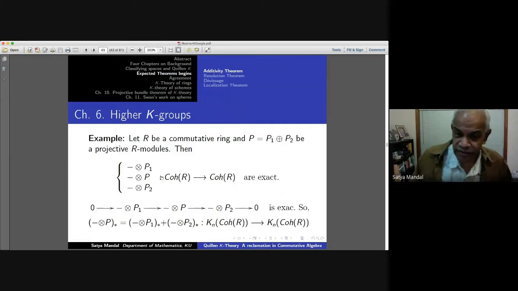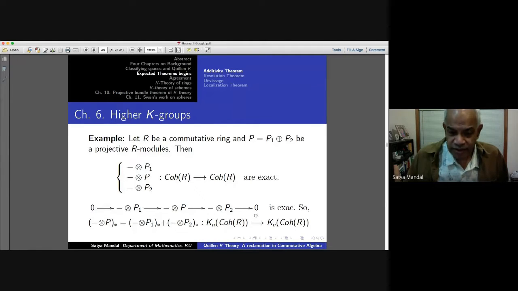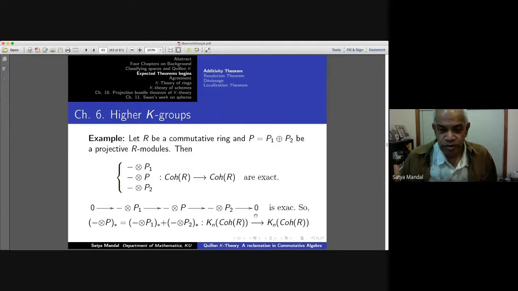Okay, these are exact functors, and they form an exact sequence of functors from COH R to COH R, coherent modules on R. So all three induce maps, and the middle one, the map induced by tensor product with P, is the same as the sum of the other two.